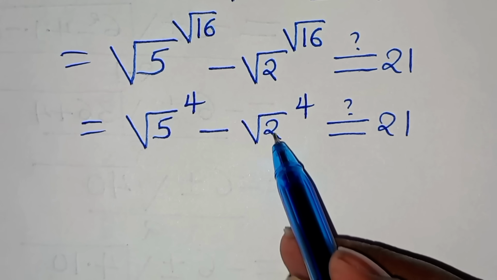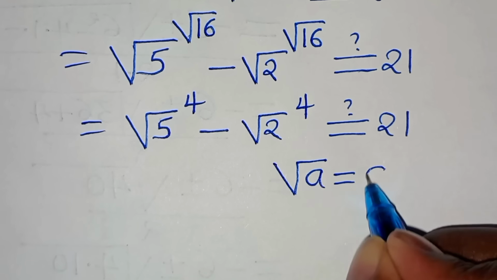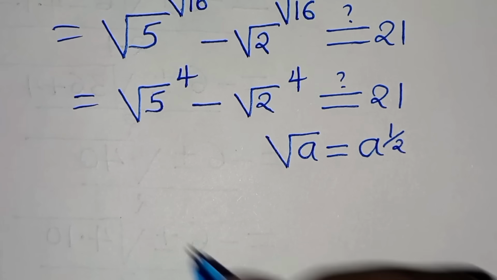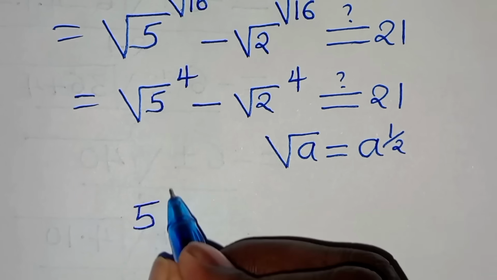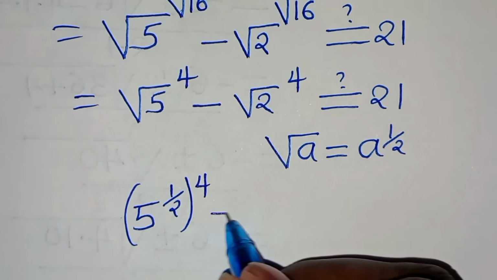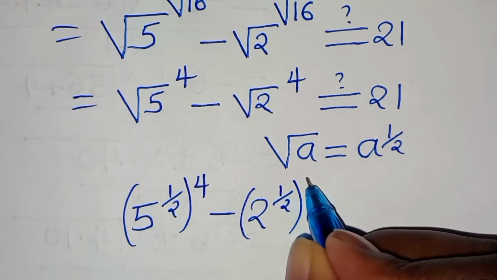Square root of 5 and square root of 2 are in the form of square root of a, which can be expressed as a to the power of a half. So this means we have 5 raised to the power of a half, then raised to the power of 4, subtract 2 to the power of a half, then raised to the power of 4.